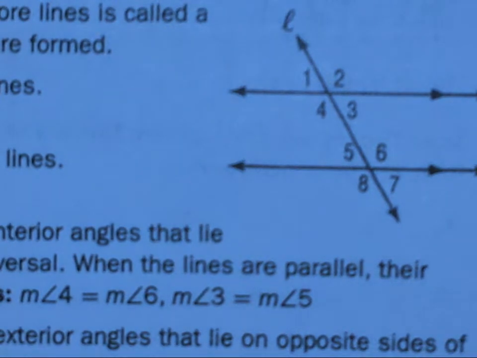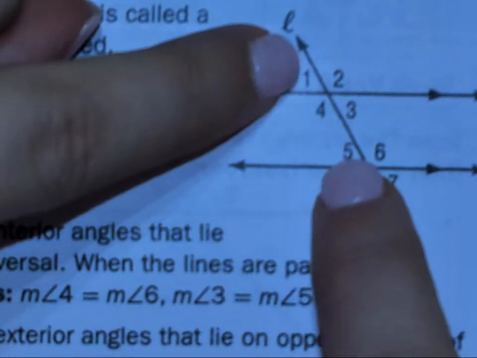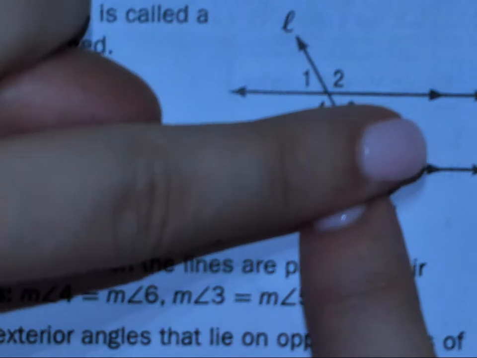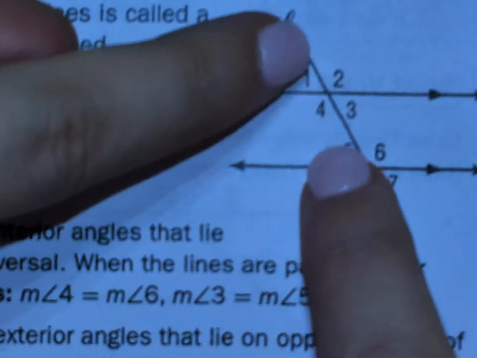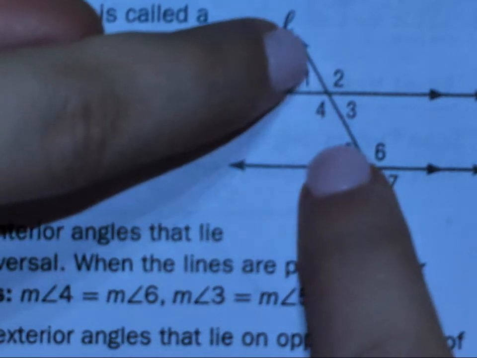Okay. One more type of angles we have here. We have corresponding angles. So that means that they are in the same exact position on those two lines in relation to the transversal. So if I look at angle 1 and angle 5, say that I split it down the middle right here. Are they in the same position? Yes. So those are corresponding angles.